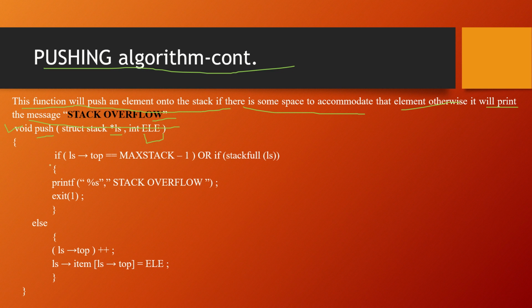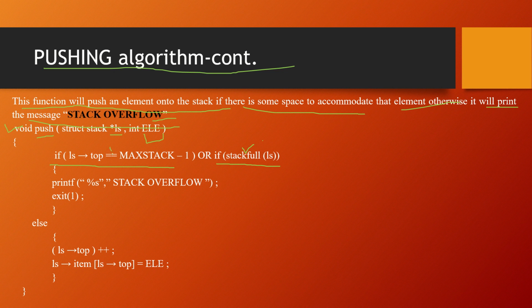There are two ways to check whether the stack is full or not. First, we say if ls->top == MAXSTACK-1; either we write this statement, or we write if stack full(ls), calling the stack full function. In this push function, we are calling another function, that is stack full.